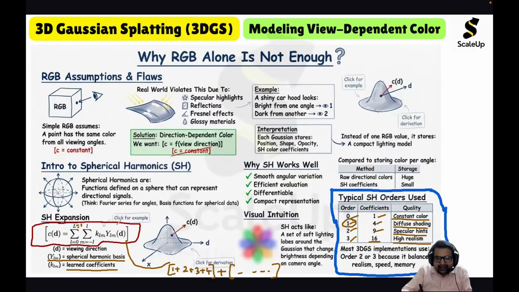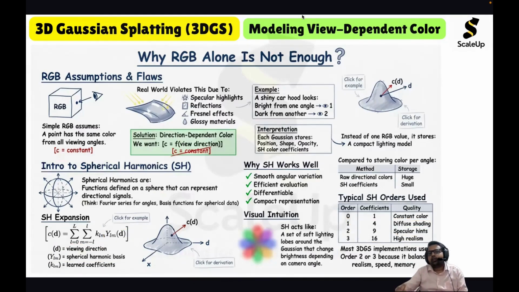Now, what exactly is this and how this is taken care of, that we will not discuss now. But you got an idea how it is working. So now it's very clear that 3D Gaussians make use of spherical harmonics, that is a direction dependent color.